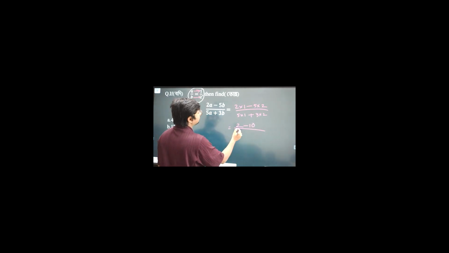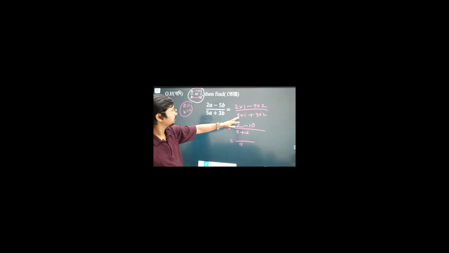A is 1, so 1 minus 5 into 2, divided by 5 into 1 plus 3 into 2. Just simplify this value. This will be 2 minus 10, and here 5 plus 6, so 11. I think I have made some mistake in the option. Here it will be 1 and 2.